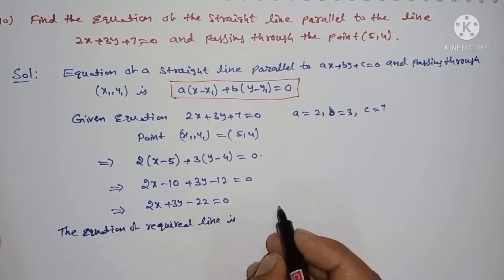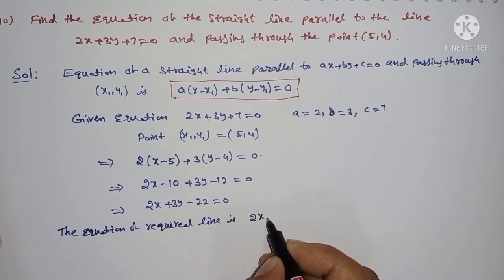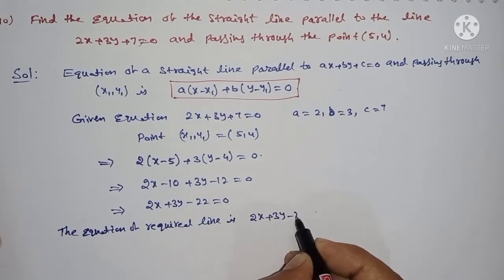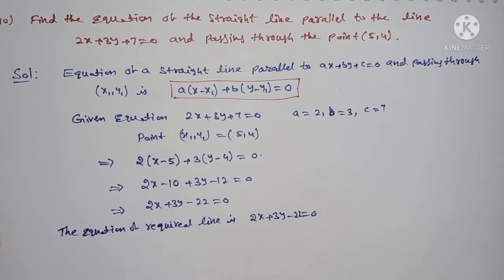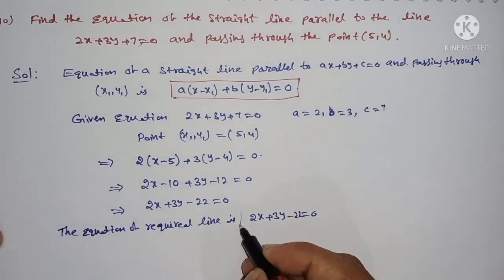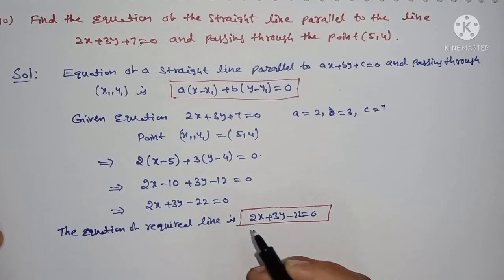What is the formula? The answer is 2x plus 3y minus 22 is equal to 0. This is the method of finding the line if it is given parallel. You can find the same method problems also. Okay.